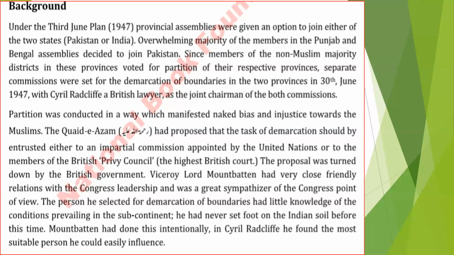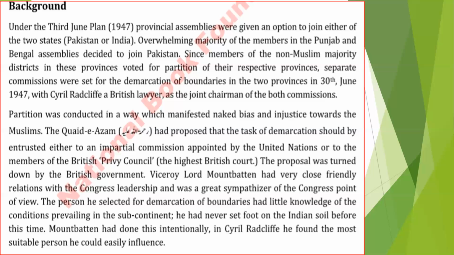The person he selected for demarcation of the boundaries had little knowledge. Cyril Radcliffe came to India for the very first time. Before this, he had not come to India, and he was not aware of the situation between the Hindus and the Muslims. So the person he selected had little knowledge of the conditions prevailing in the subcontinent.